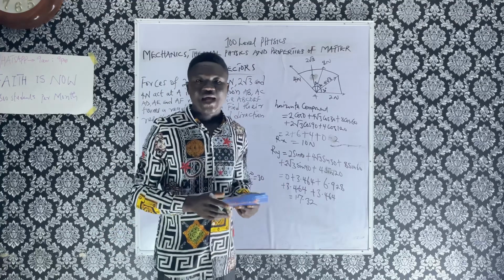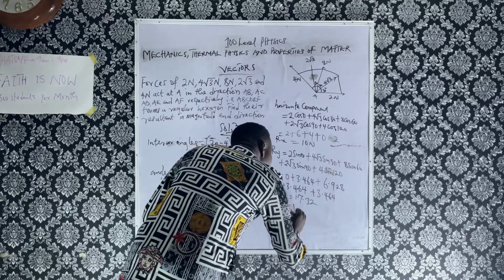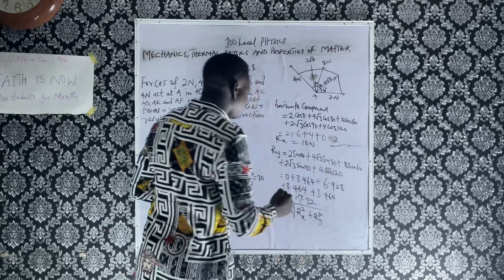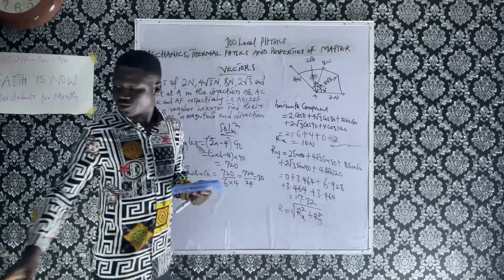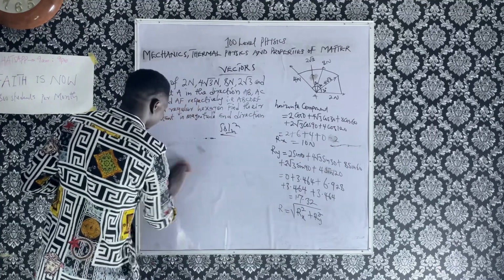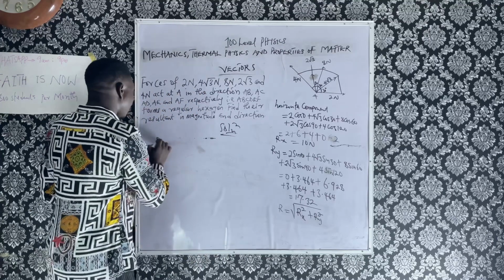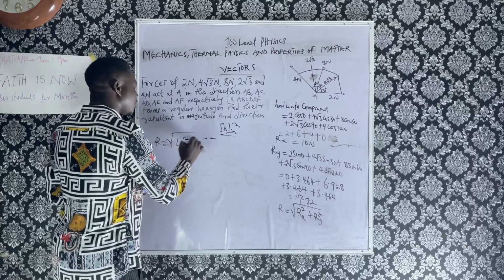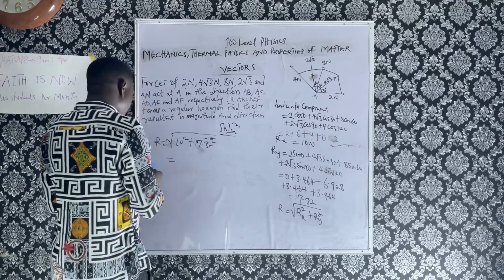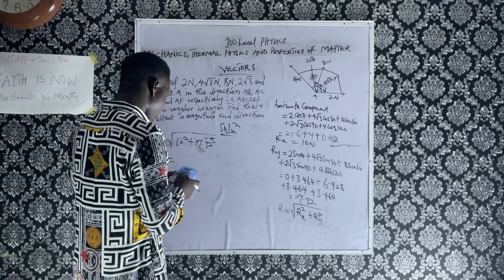What we need to do now is just using the formula for resultant force. Now for resultant force, R is equal to the square root of Rx squared plus Ry squared. So this gives us R is equal to the square root of 10 squared plus 17.32 squared.